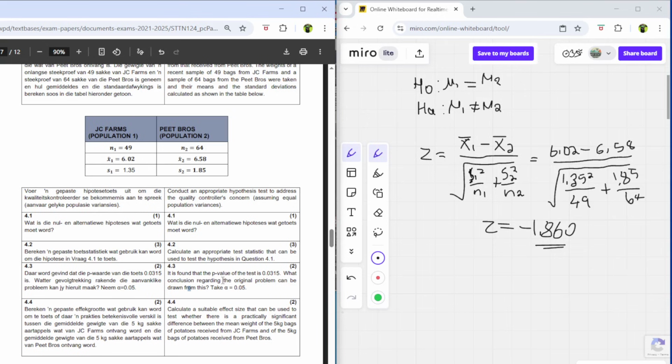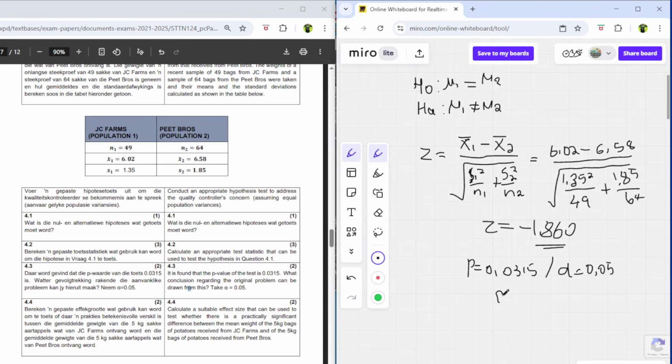It is found that the p-value of the test is 0.0315. What is the conclusion? The p-value is equal to 0.0315. Alpha is equal to 0.05.